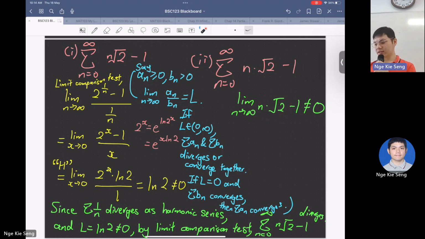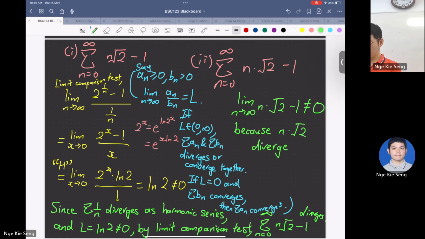So this is non-zero because the sequence diverges. Okay, so by the test of divergence, the series diverges.